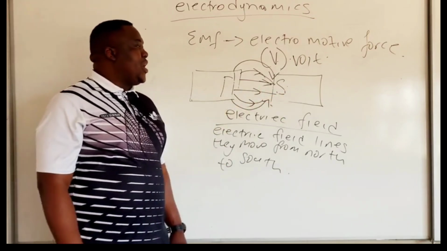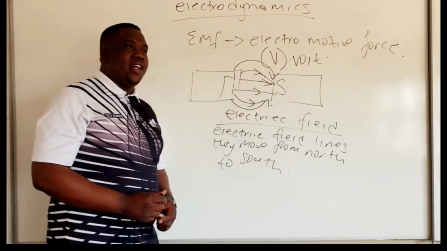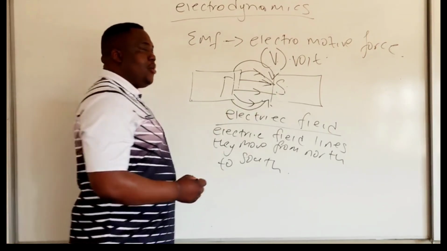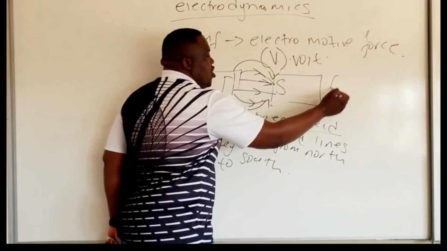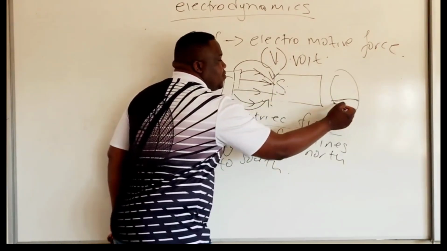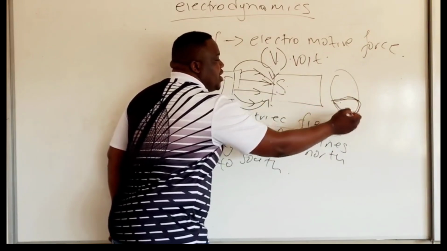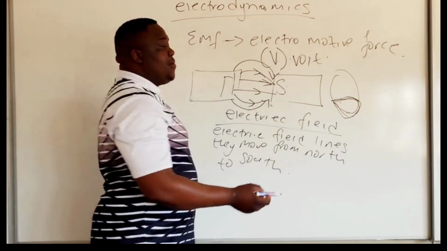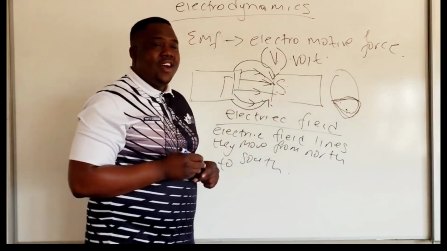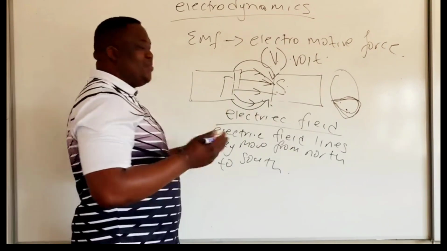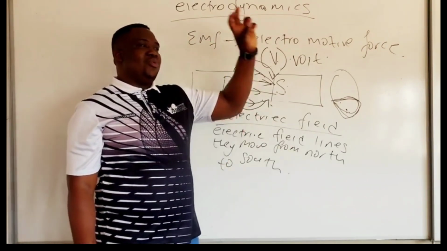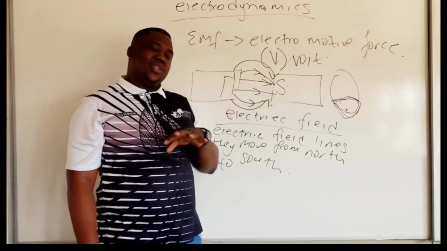south. So I usually try to tell learners that during the time of apartheid, people from all over the world, from the north, they traveled to the south, of which they came and colonized South Africa. I think that scenario can help you know that electric field lines move from the north to the south.